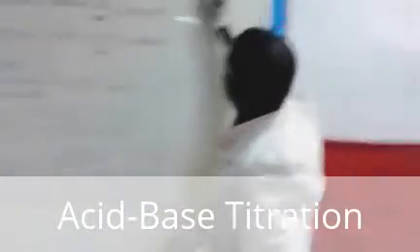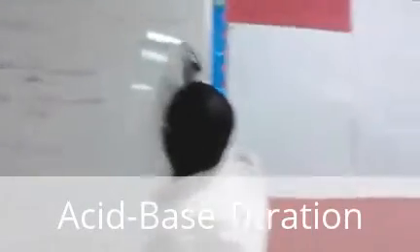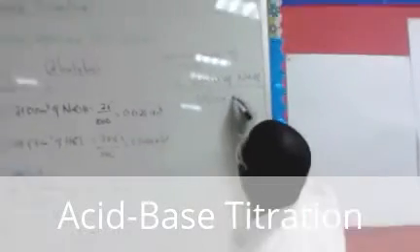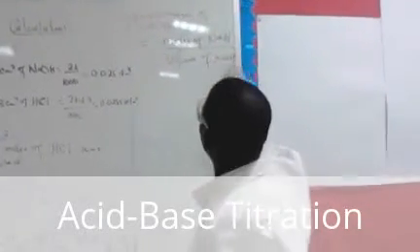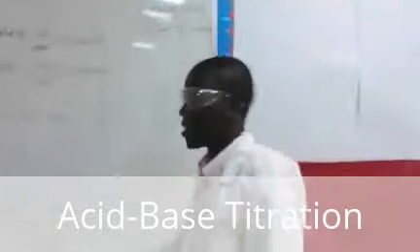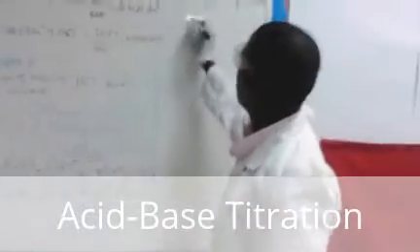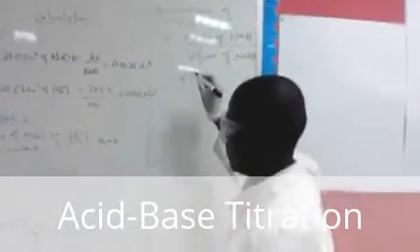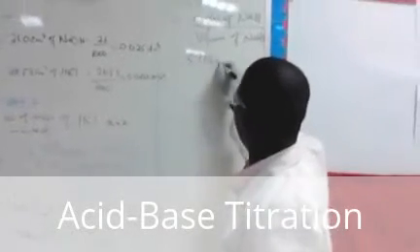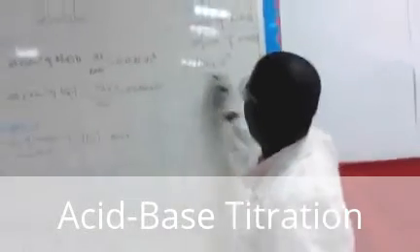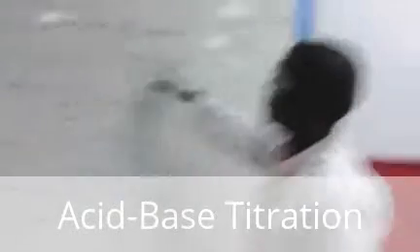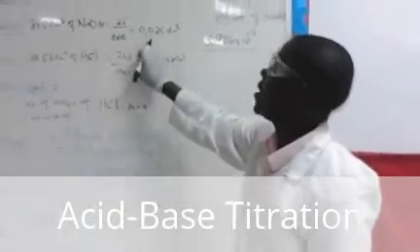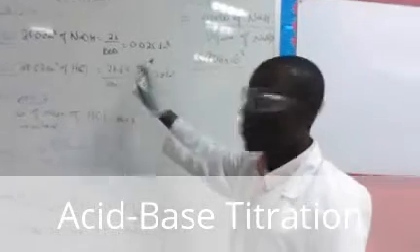So concentration will equal moles of sodium hydroxide divided by volume of sodium hydroxide. The number of moles that reacted is 5.706 times 10 to the negative 3, divided by the volume of sodium hydroxide. Remember, this volume is what we pipetted.